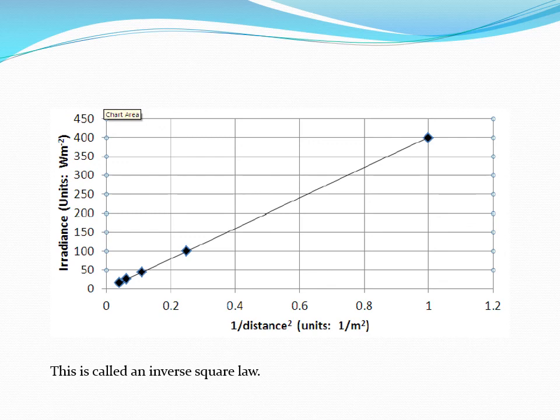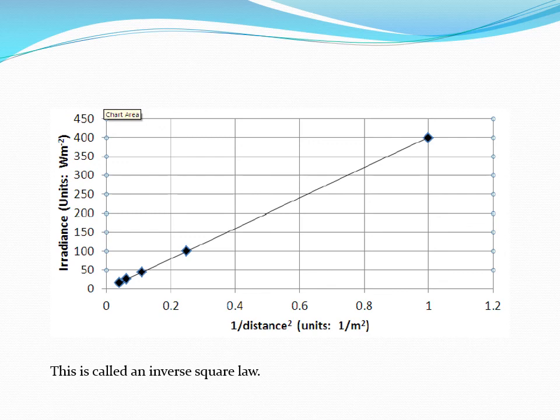So you have the irradiance up this side, and you have 1 divided by distance squared down here. Now, this is called an inverse square law, because if something is, oh, sorry, I had to pause there because that word just totally left my mind.